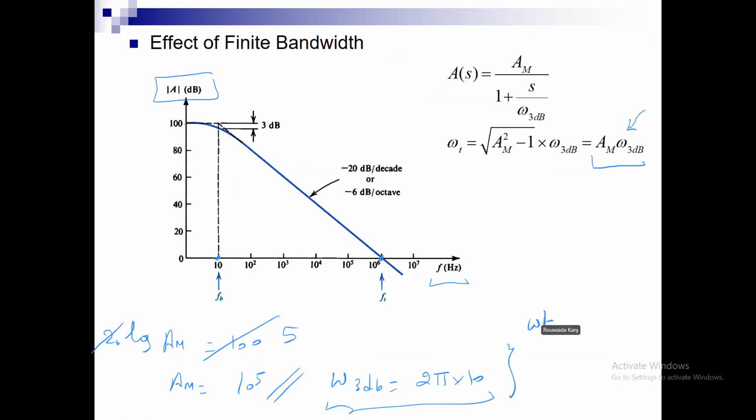Therefore, I can directly tell you the unity gain frequency, because it will be AM, which is 10 to the 5, times 2 pi times 10, so it will be 2 pi times 10 to the 6. Okay, so you can see here in small font it's showing me that I'm going to cross 0 dB at 10 to the 6 hertz. Okay, anybody has any question?